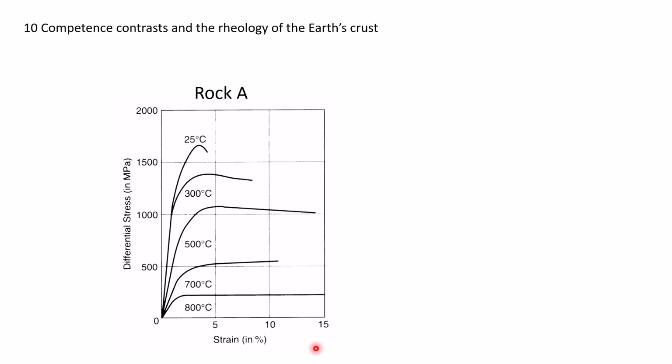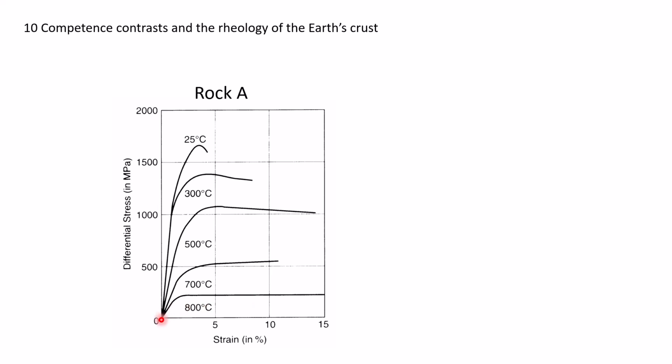Let's make an example. Here we see a differential stress strain diagram, and we see here the results of strain experiments carried out at low temperatures, at greenschist facies temperatures, or in the amphibolite, upper amphibolite, and granulite facies.